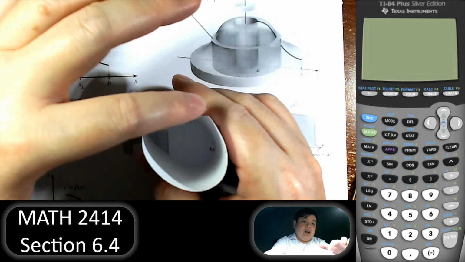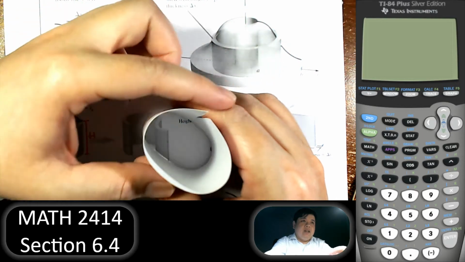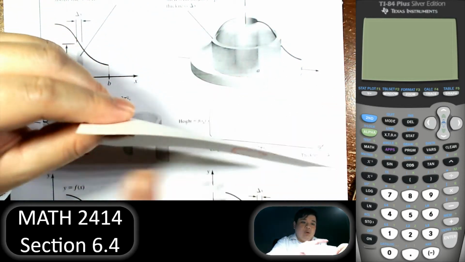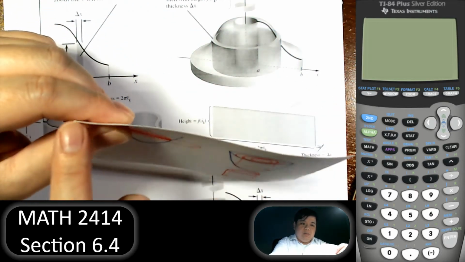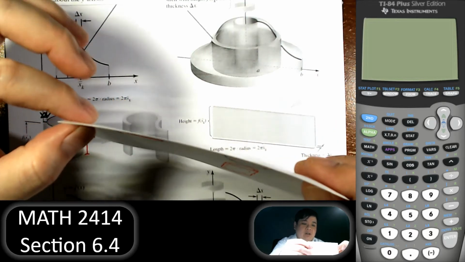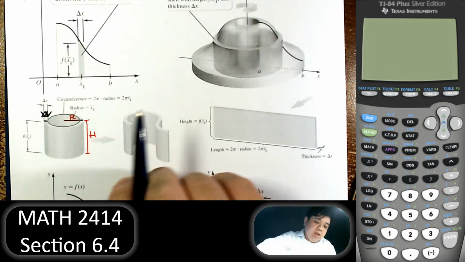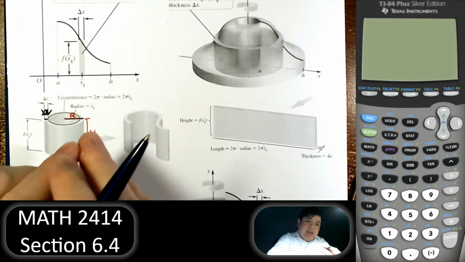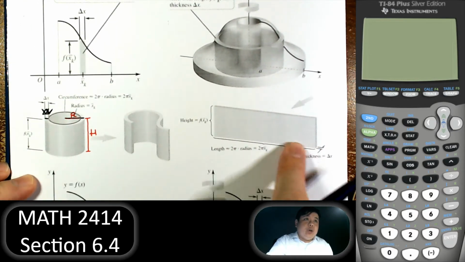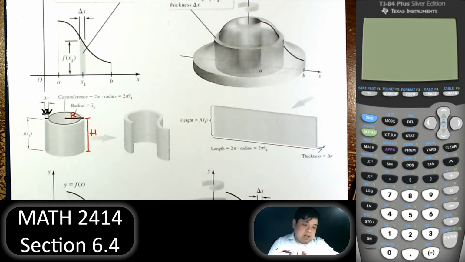The circumference of the cylinder, if you roll it out, will be the length of a rectangular box. So what we do here is we cut it and roll it out into a rectangular box like this.